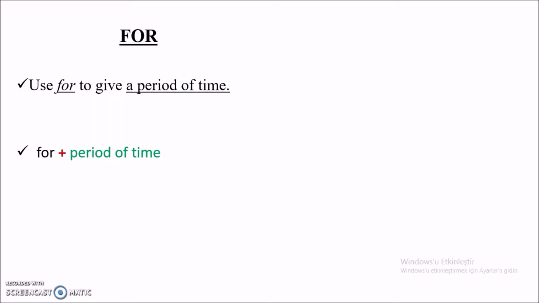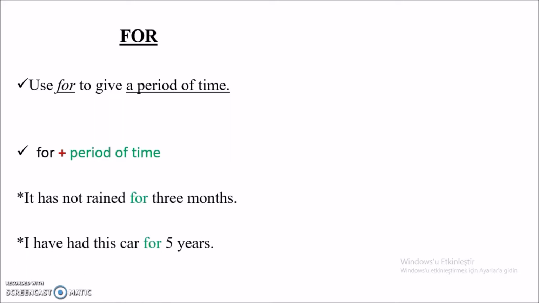So after for, we are using a period of time. Let's have a look at those sentences. It hasn't rained for 3 months, or I have had this car for 5 years. So for 5 years or for 3 months gives us the answer of the how long question.